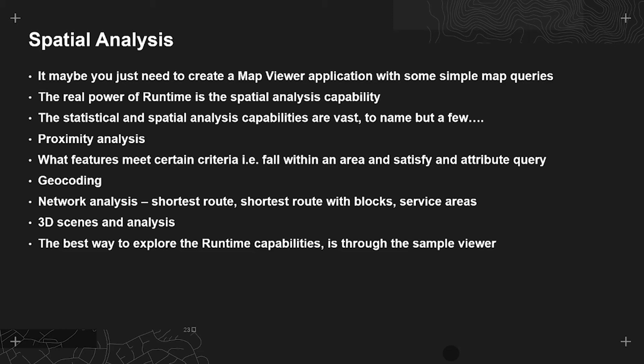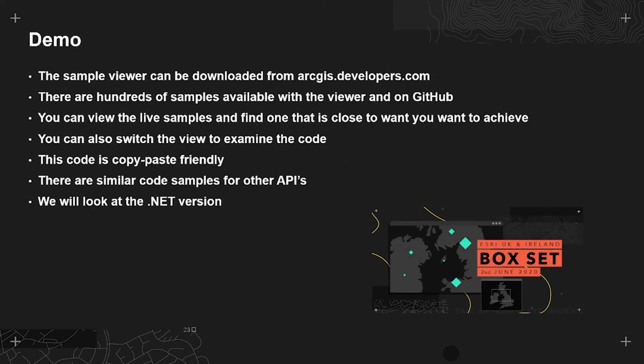The best way to explore runtime capabilities is through the sample viewer. So if you can remember, I recommended downloading the appropriate sample viewer for the API you may have chosen to download. I'm going to be looking at the .NET viewer. The sample viewer can be downloaded from developers.arcgis.com, as you saw when we took a tour of the developers site.